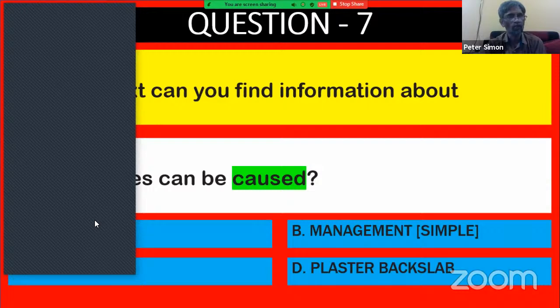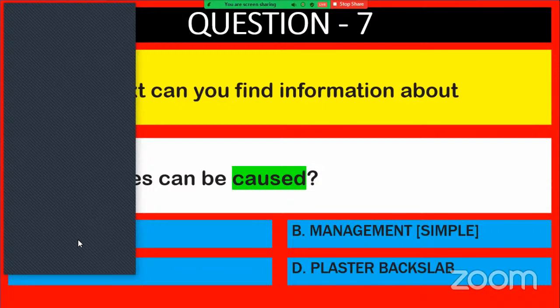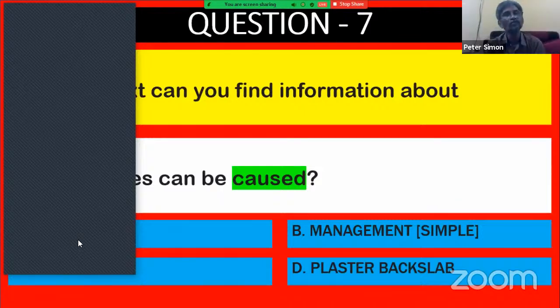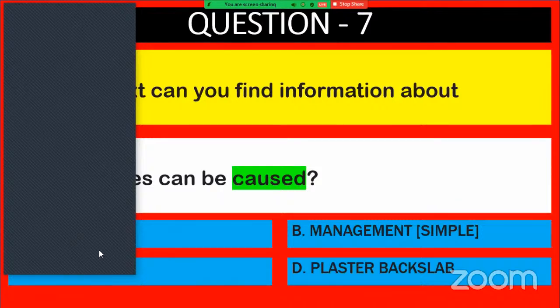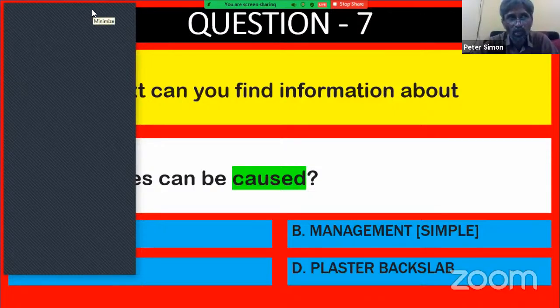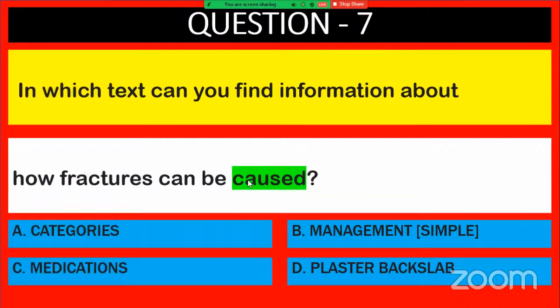Hello, Tibello. Is that clear? Yes, it's clear, but I can't find where I can get the answers. The answers are there in the Telegram channel. If you go there, you can click there only. You'll get the answers. The green ones are the correct ones.